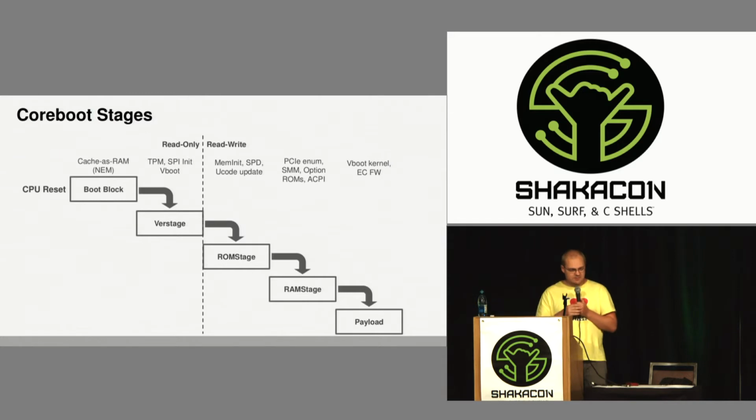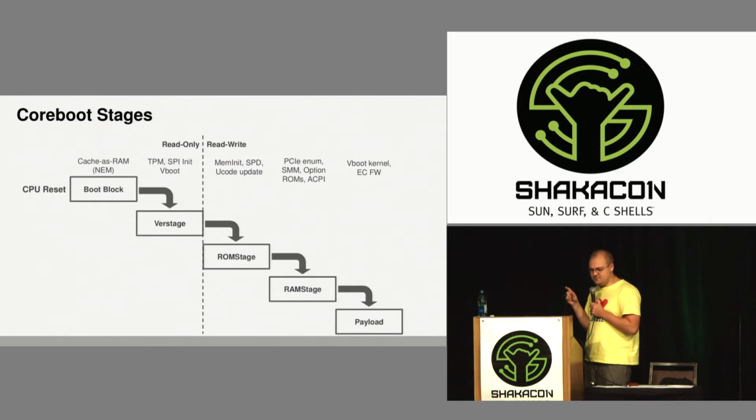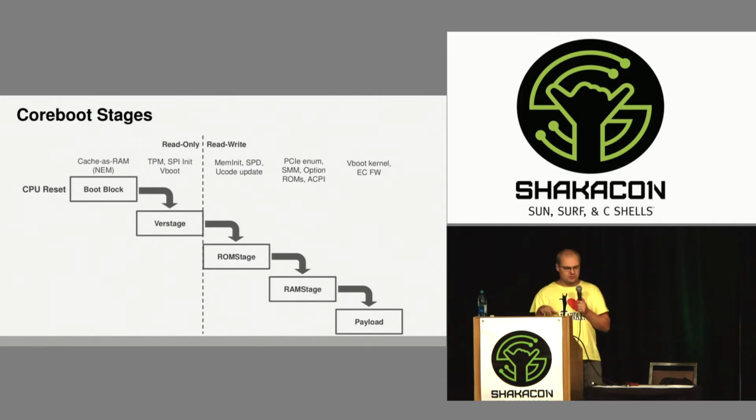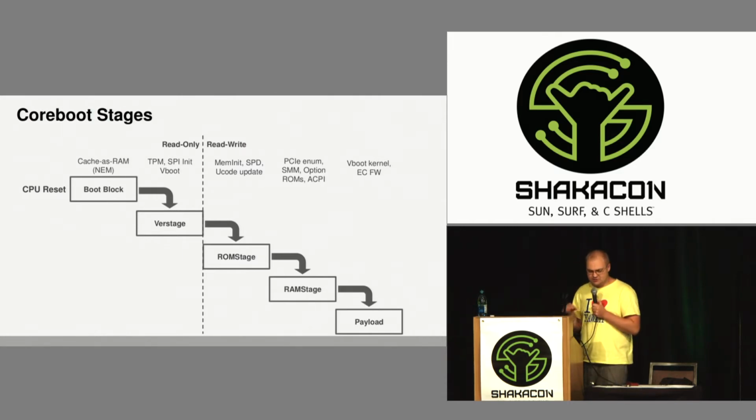So what happens in this stage? In this stage, it just calls the next step, which is called the verstage. The boot block doesn't check the verstage, so there is no validation or signature check done yet. The verstage is a really small stage, but the main goal of this stage is to have the verification functionality first.